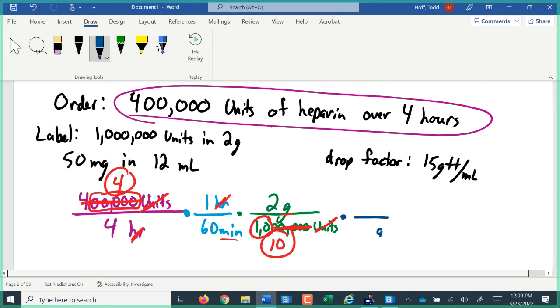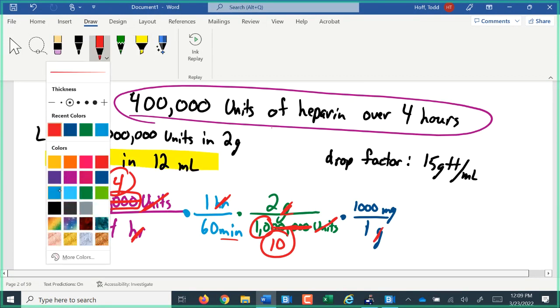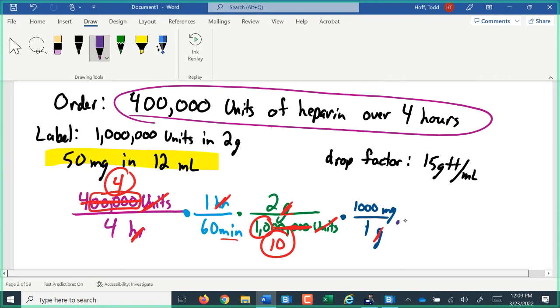So I'm going to convert to a standard conversion, 1 gram, 1,000 milligrams. Now that I'm in milligrams, I see that I do have a conversion up here. I have 50 milligrams into 12 milliliters. So I put my milligrams on bottom, 12 milliliters on top.